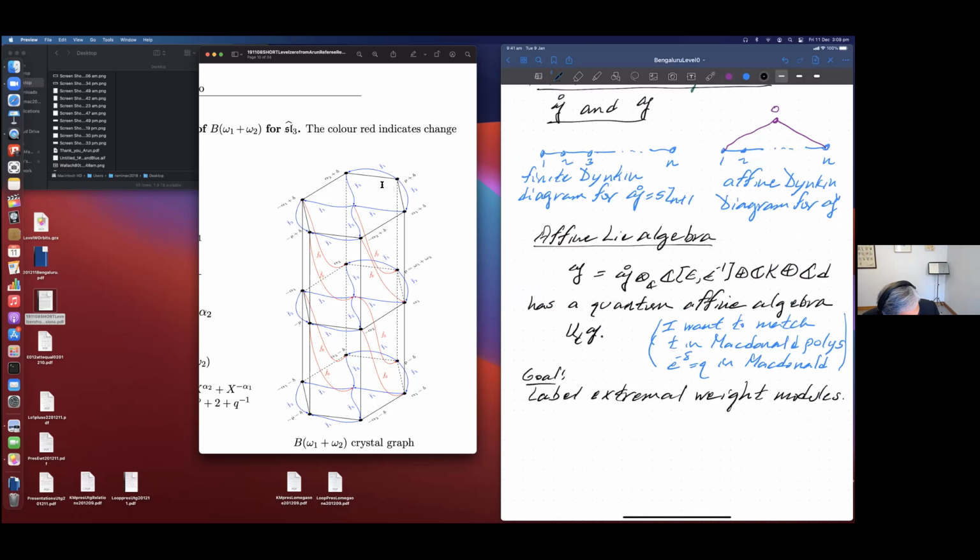So I have fundamental weights for the finite Lie algebra, and I call them omega 1, omega 2, up to omega n. And then again, following Kac, I'm going to add lambda 0, and then I have lambda 1 up to lambda n. These are the fundamental weights for the affine Lie algebra.